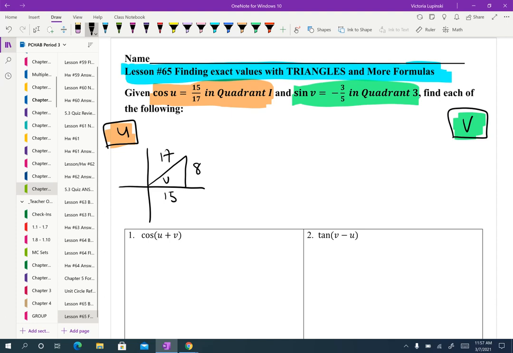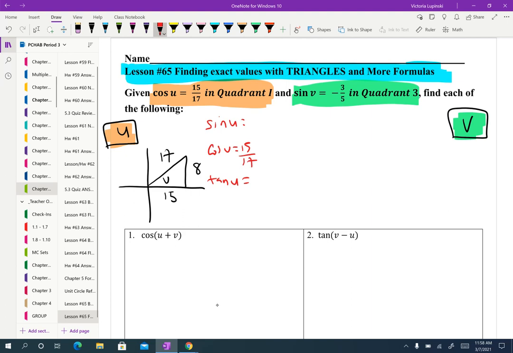Remember that in quadrant 1, we really like quadrant 1 because everything is positive. So what I'm going to do is I'm now going to find the sine of u, the cosine of u, and the tangent of u. The whole idea is that if you find them once, you can then use them to solve the rest of the problems, and you don't have to go back and recalculate it every time. So the cosine of u obviously was given, but I just like to rewrite it all in a row here.